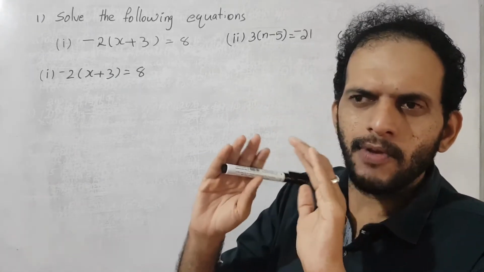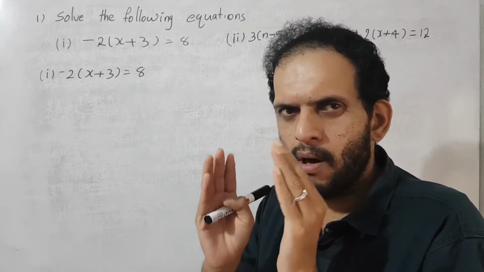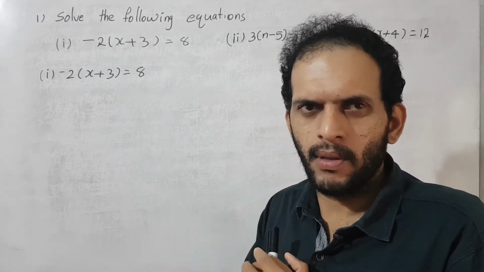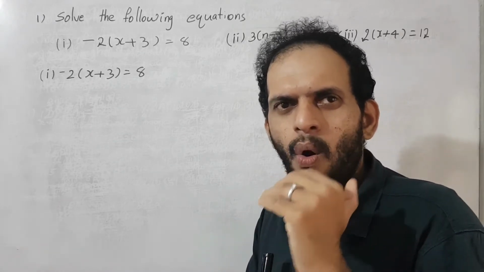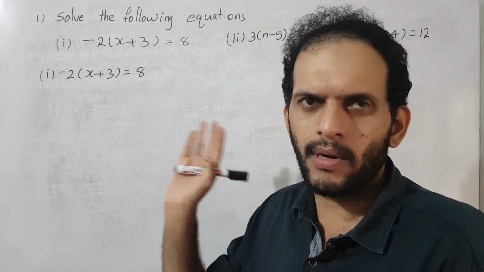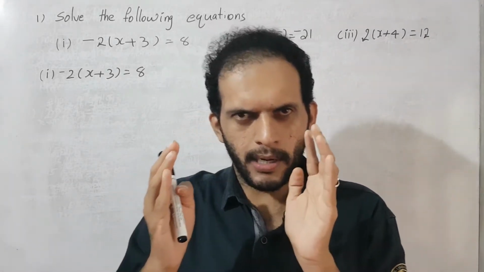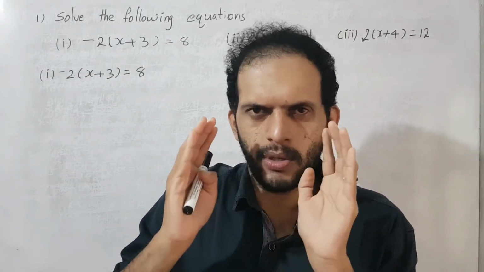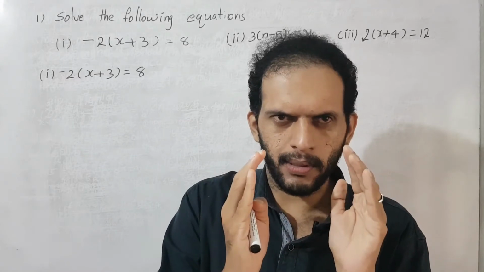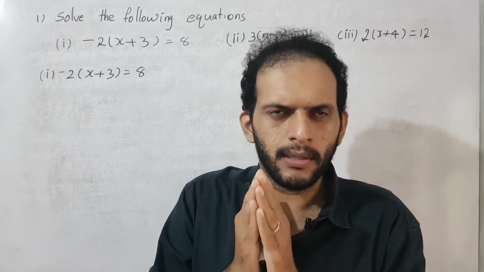Then if we are multiplying or dividing the term containing the variable and the term not containing the variable together with a number, then the first step is that the common multiplying number or common dividing number we transpose first from left to right. That is the first idea. If we are multiplying or dividing the variable term and the non-variable term commonly by a number, then the first step is to transpose that common multiplying number first, and likewise the common dividing number.